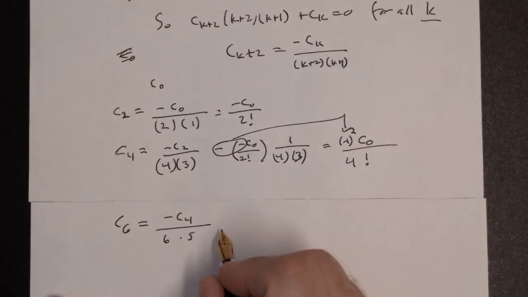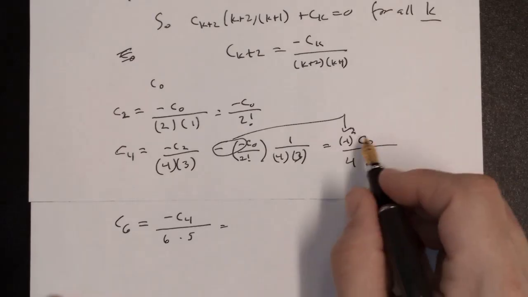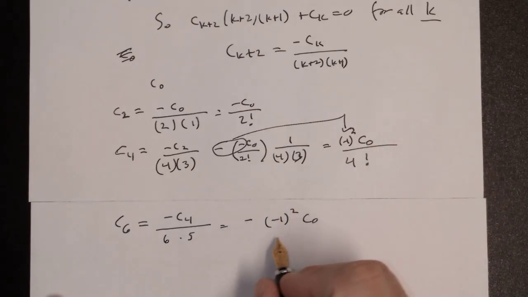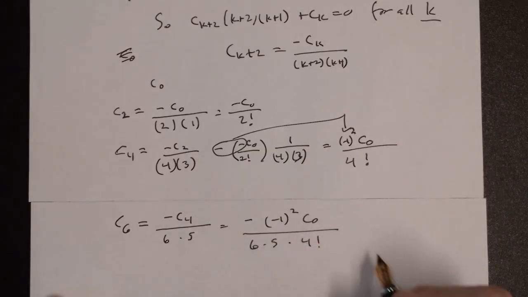Wait a minute. (-1) squared C0 over 6 times 5 times 4 factorial.